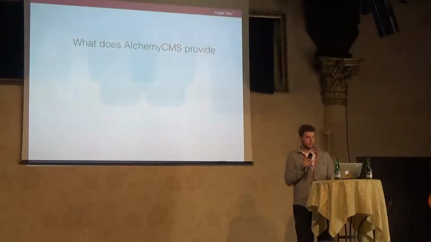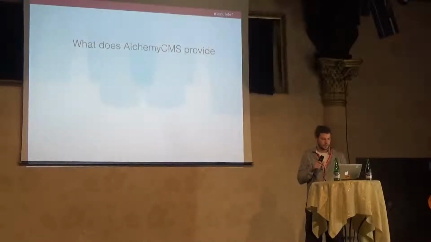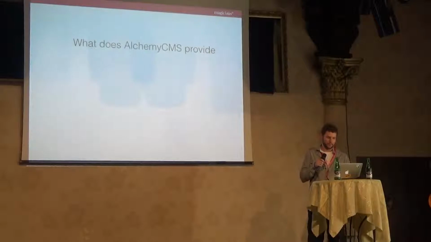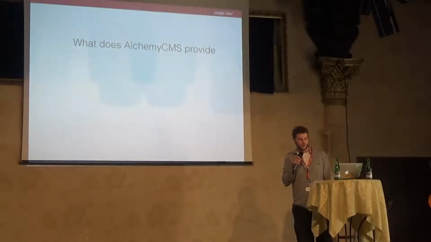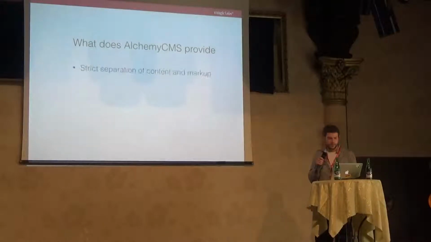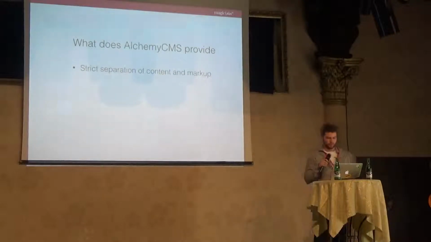What is Alchemy CMS, what does it provide, and what is it focusing on? The very fundamental aspect of Alchemy is the separation of content and markup. This is my first point. This is almost the most important aspect of all.